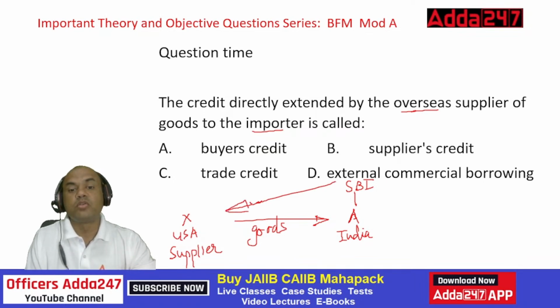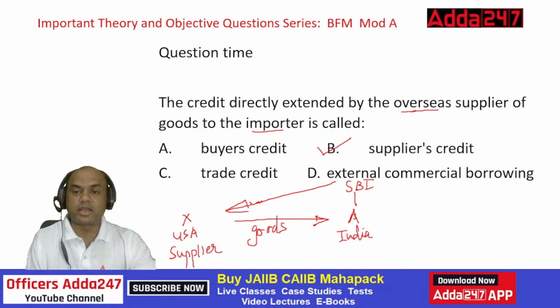This bill of exchange is drawn by the supplier on the drawee, the Indian buyer, and the bank gives an additional stamp. This is also called as avalisation. This arrangement where the bank in India gives the guarantee of payment on the due date is known as supplier's credit.